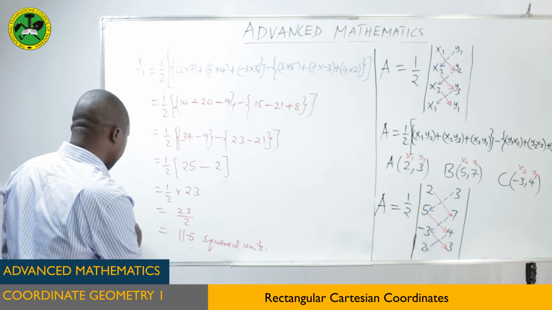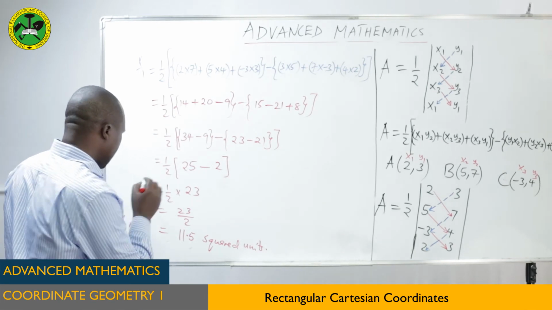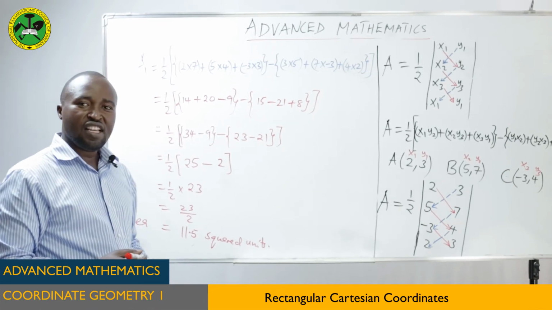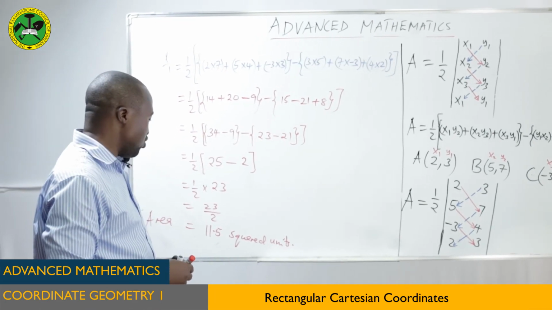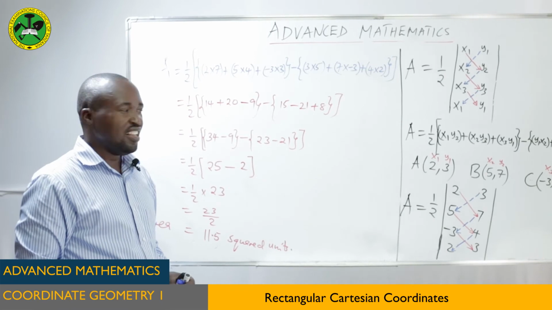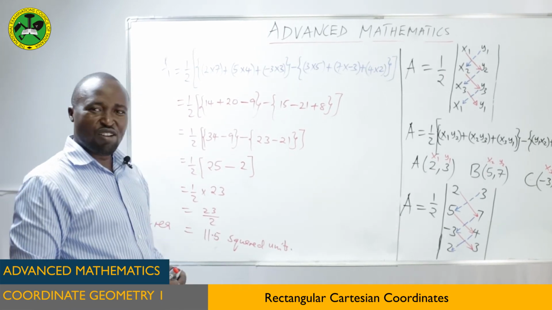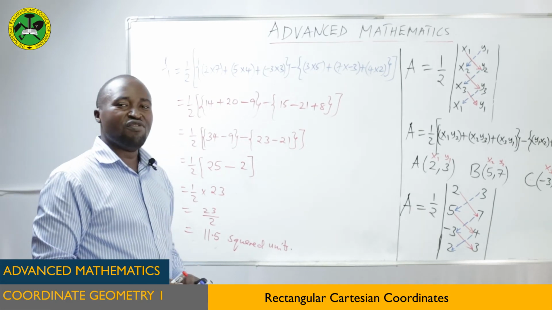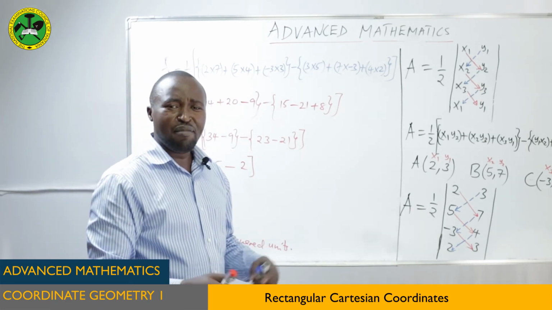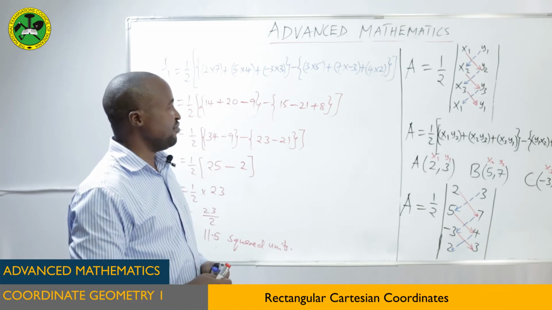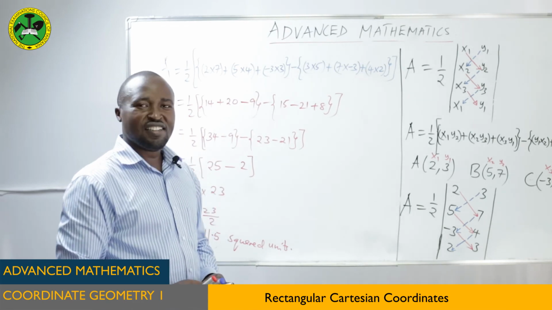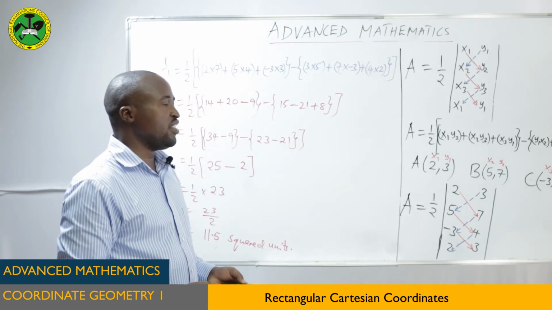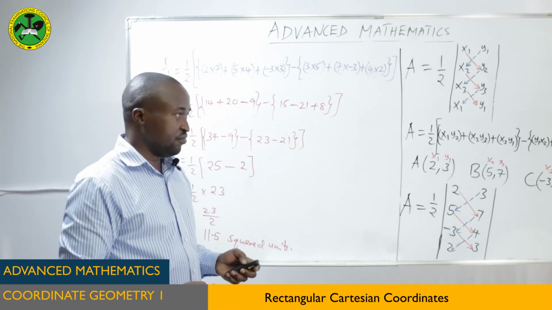Therefore, the area of our triangle will be equal to 11.5 squared units. So that is how to find the area of a triangle when we have 3 coordinates, something which is very simple. So again, my dear student, let us proceed with the area of a rectangle.